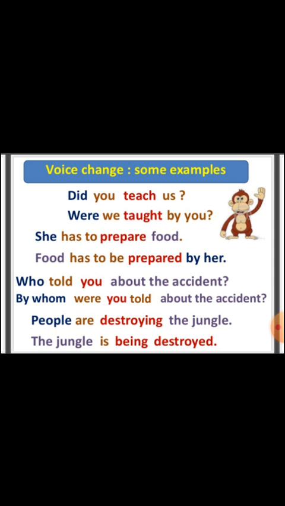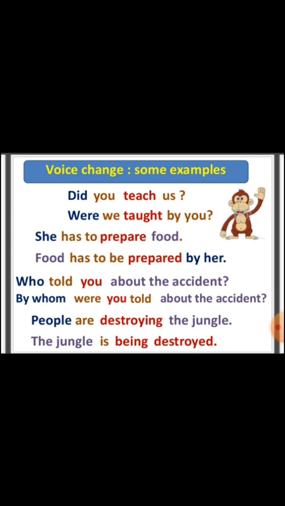Now more examples in front of you. Did you teach us? Can you recognize which tense this is? Did you teach us? It is the past tense. So in the past tense we always use the helping verb was and were in passive voice.